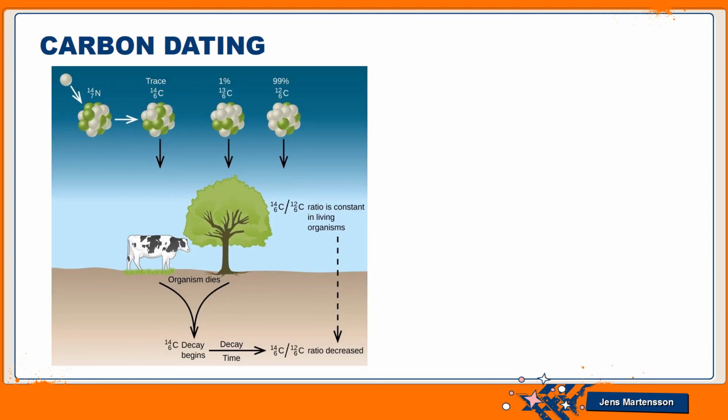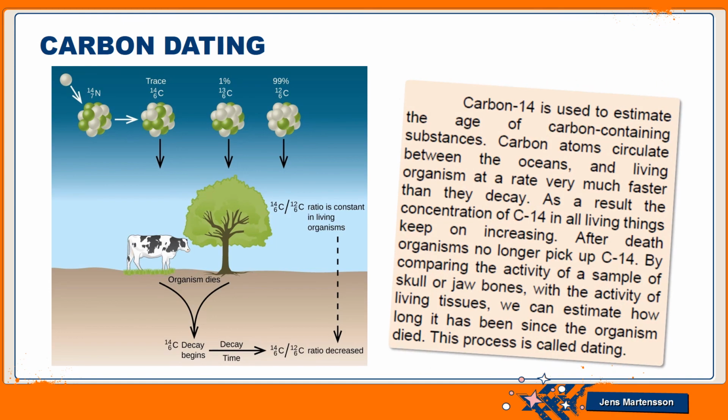So what is carbon dating? Carbon dating is the process by which we can estimate how long ago an object existed. How is carbon dating carried out? Living organisms absorb all types of carbon from the surroundings, whether carbon 12, carbon 13, or carbon 14. In a living organism, the ratio of carbon 14 to carbon 12 is maintained. But what happens once death occurs?